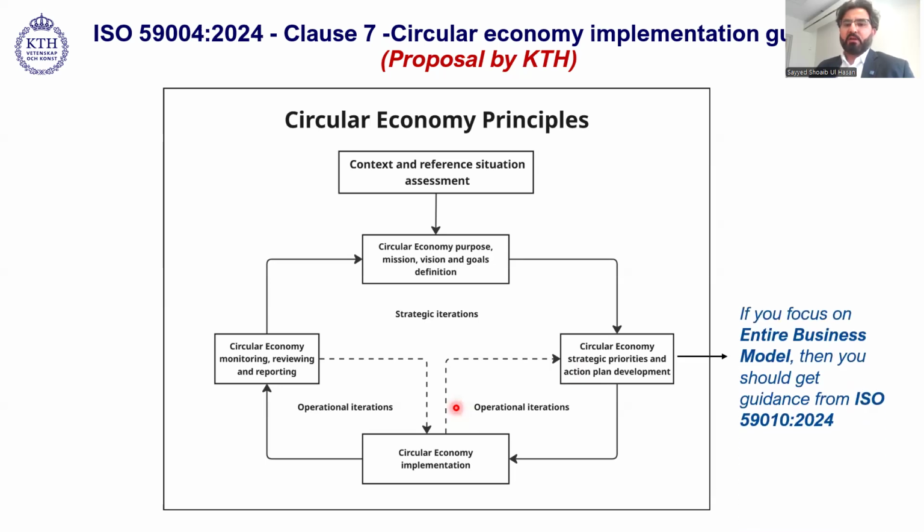Moving forward, when you start implementing circular economy and when you are deciding the strategic priorities, if your focus is on the entire business model, that you want to transition the entire business model towards circular economy, then you should get guidance from the ISO 59010, which we will walk you through today.